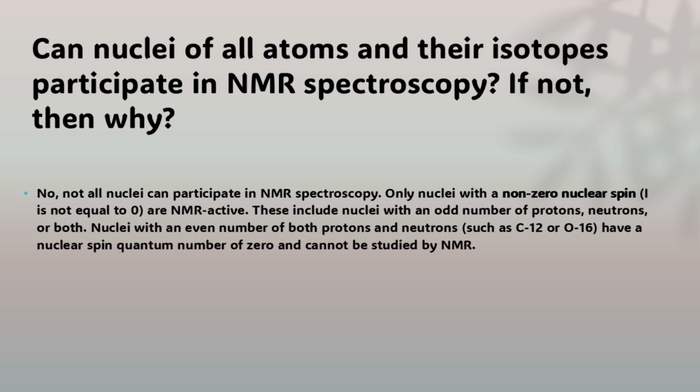This can be decided very easily. The nucleus with an odd number of protons, neutrons, or both. Nuclei with an even number of both protons and neutrons, such as C12 or O16, have a nuclear spin quantum number of 0 and cannot be studied by NMR.